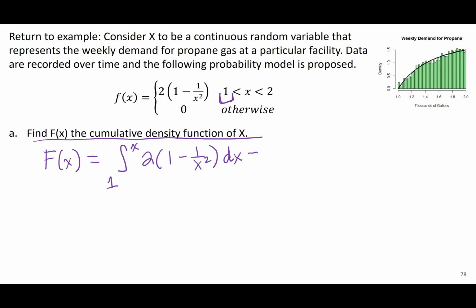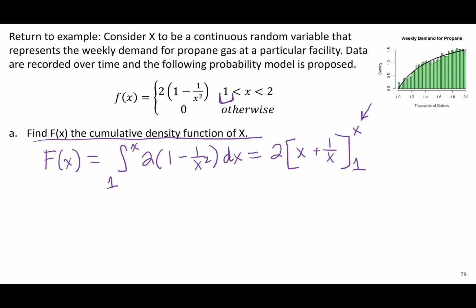This is very similar to what we did before. So it's x plus 1 over x. But this time, the lower bound is the same, it's still 1, but note that the upper bound now is x. Anytime we ask for the CDF, the upper bound should be x.